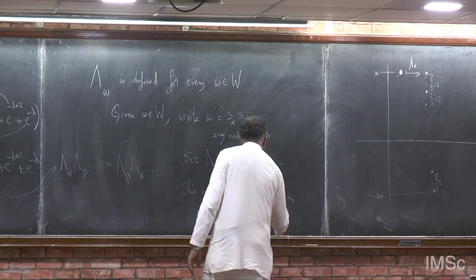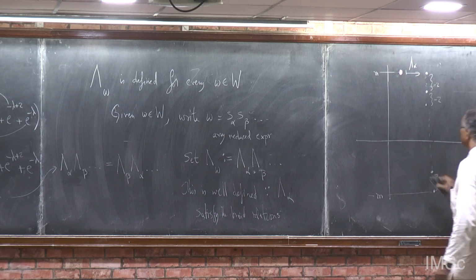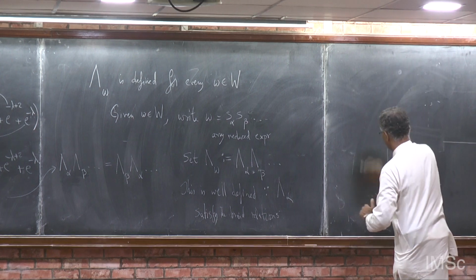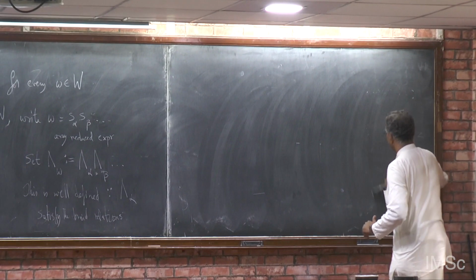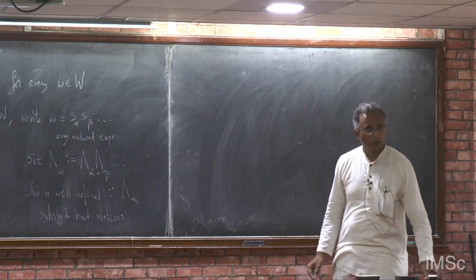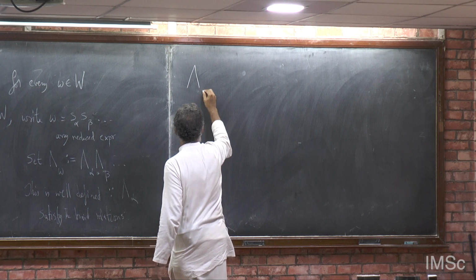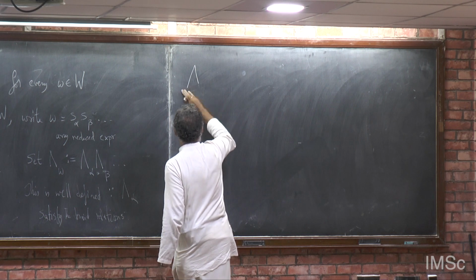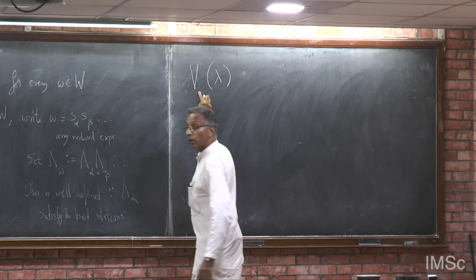Okay, so let me now state the Demazure character formula. One thing to observe before I even start: we defined the Demazure module, right? Let us just look at two very special cases of the Demazure module. So I put a Weyl group element here.